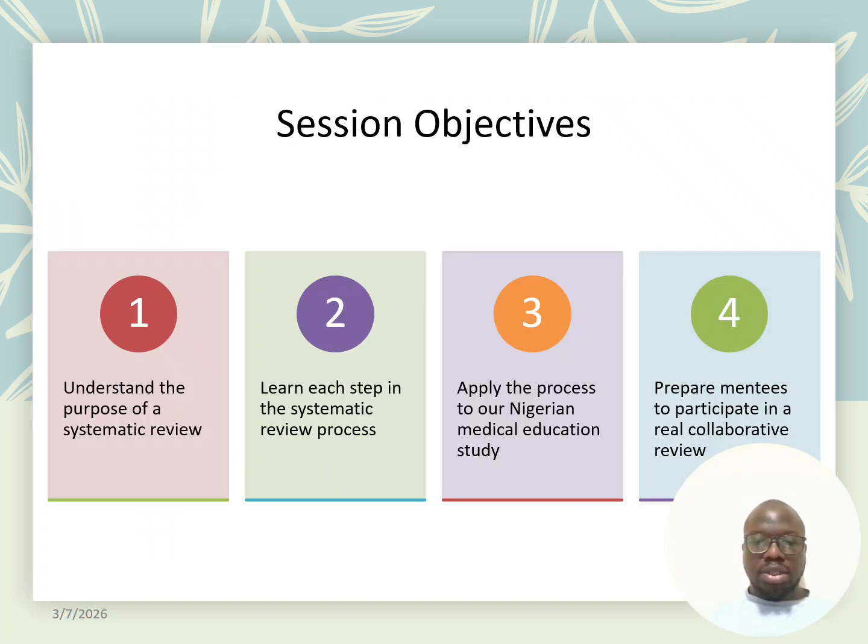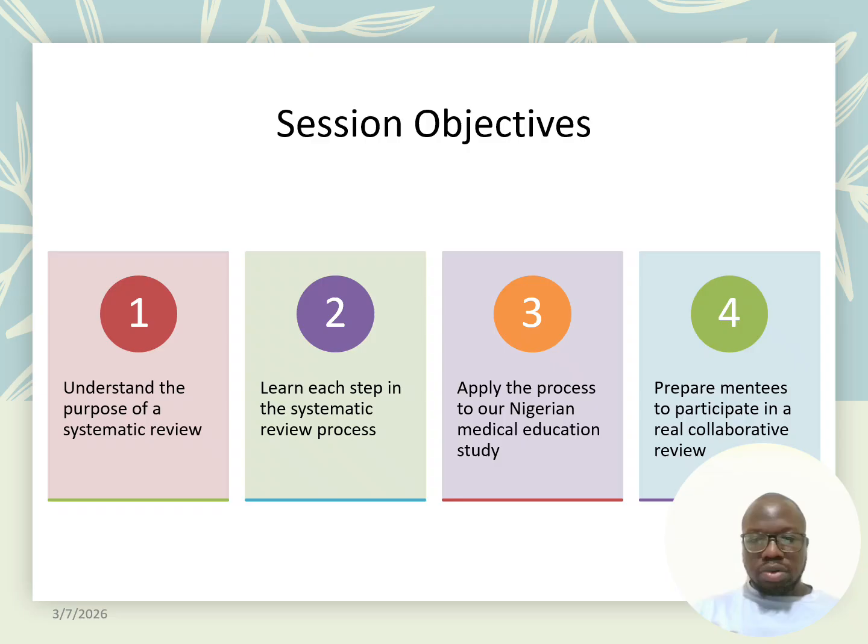So a systematic review is one of the topmost levels of evidence in medicine, and basically it's one of the literature review processes. Those literature review processes include scoping review, rapid review, and umbrella review. But a systematic review means that you're systematically going to search for literature on a particular topic and then pull them together to present evidence on that topic.